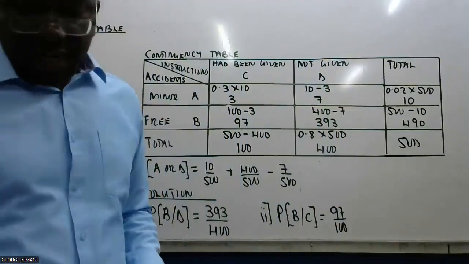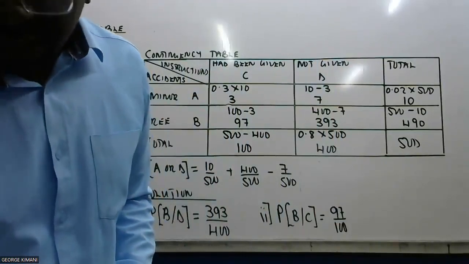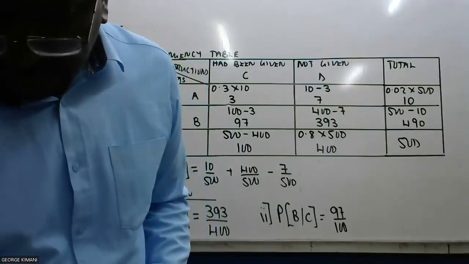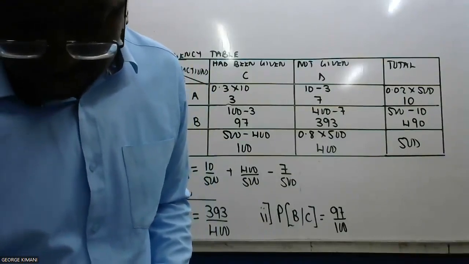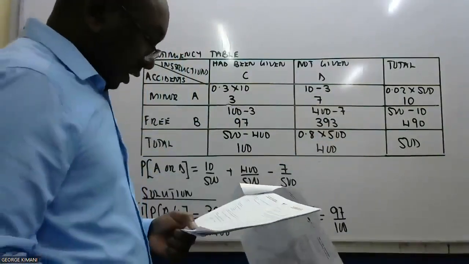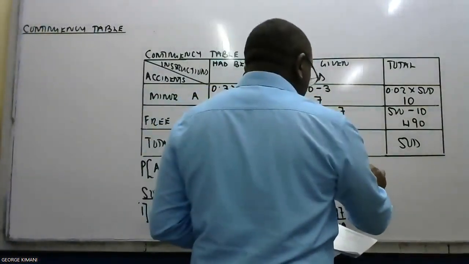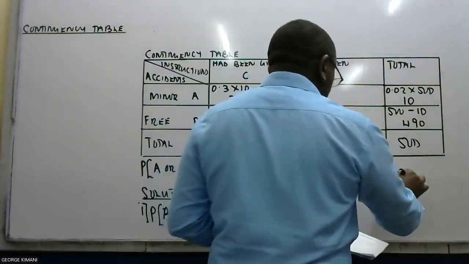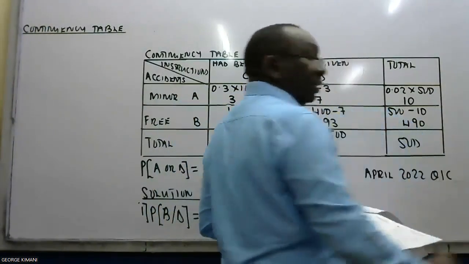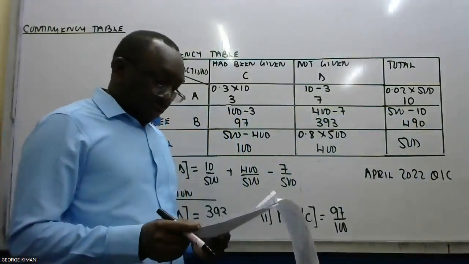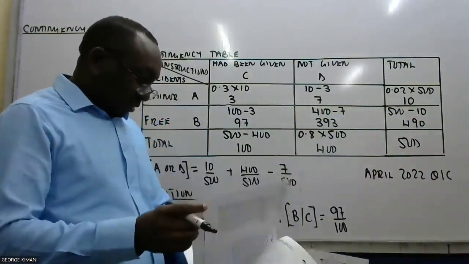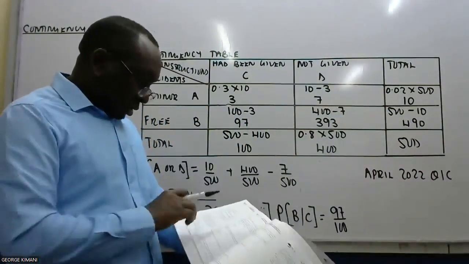So on your own, I would like you to handle question 5. And then you also handle this one of April 2022, question 1C. I think I should have another one that has a contingency table in the past papers.